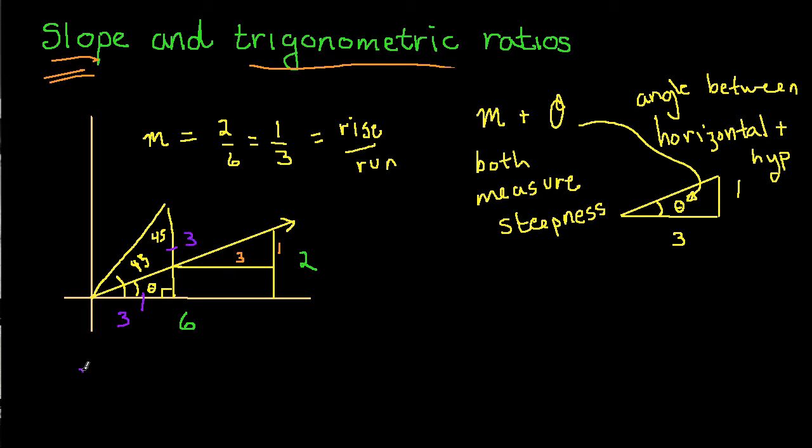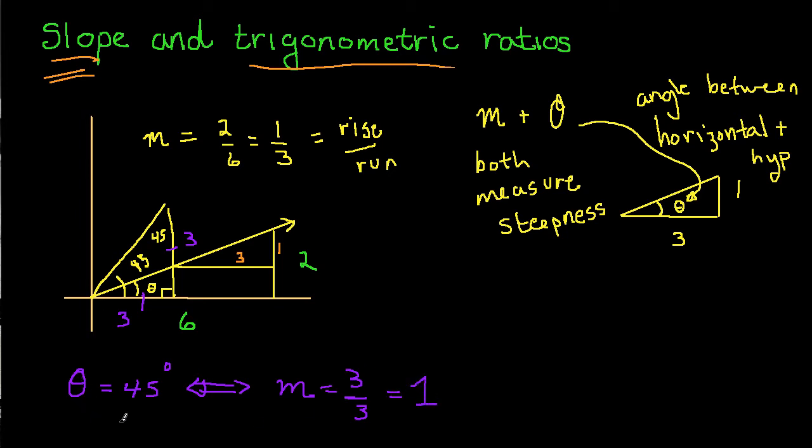So we know that if our angle is 45 degrees, then that corresponds to a slope of rise over run, 3 over 3, 3 out of 3, that's all of them, that's 1.